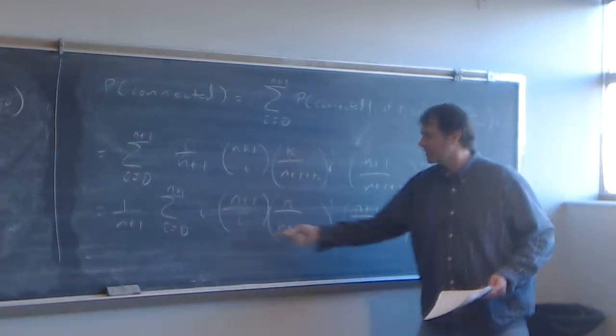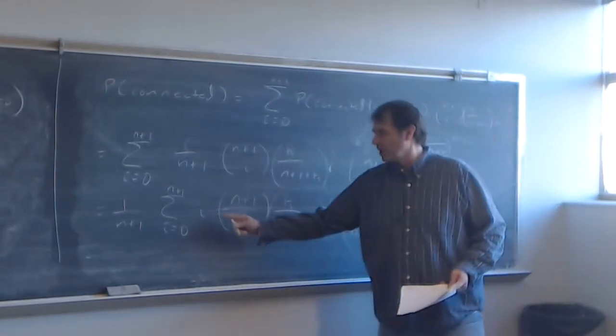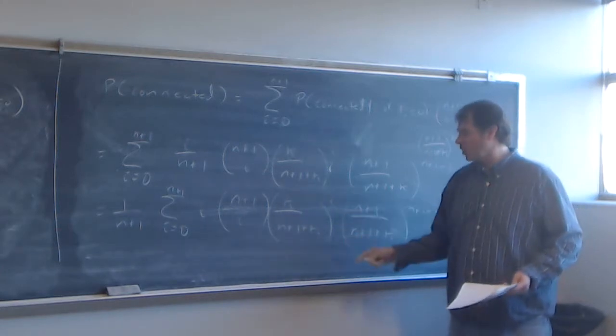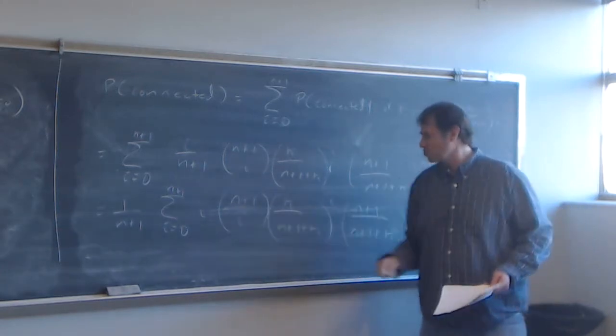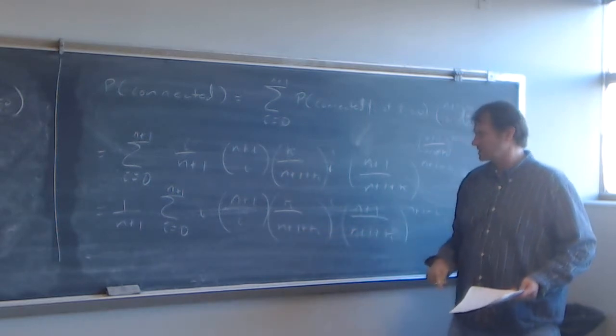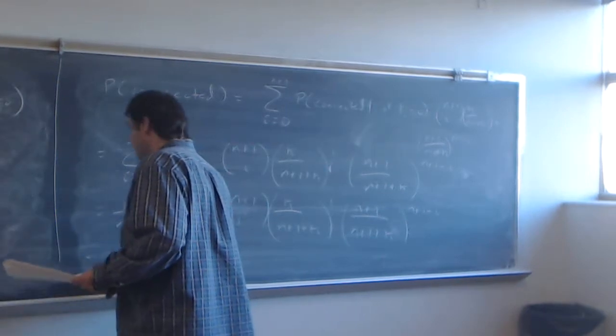And what we notice here is this sum is nothing more than the sum of I times the PMF of a binomial random variable where there were n plus 1 trials and the chance of success is k over n plus 1 plus k. So the expected value of that, let me write that up.